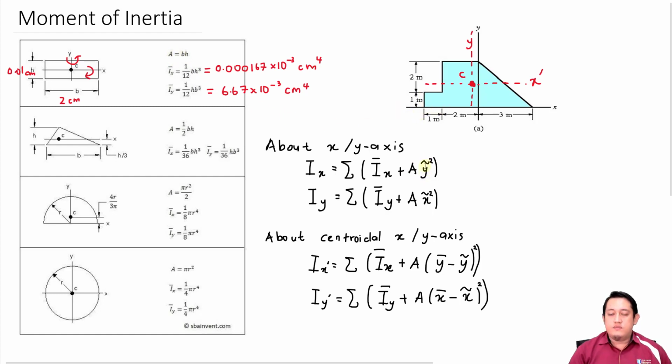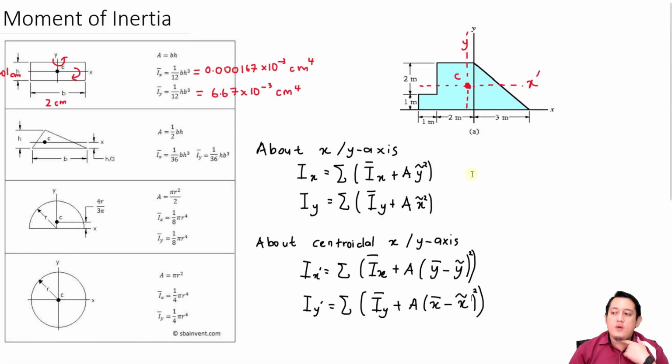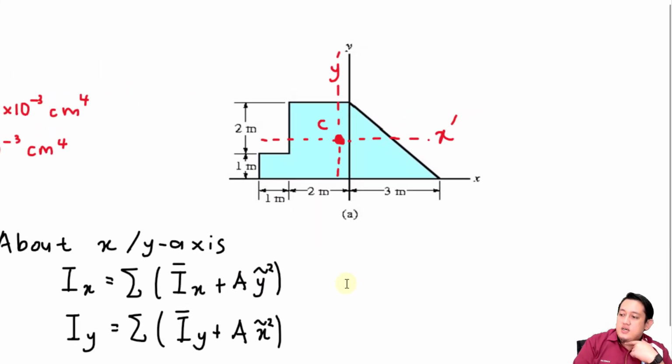And then y wave. So what is y wave? Y wave here is the location of the centroid of this square, this y wave.